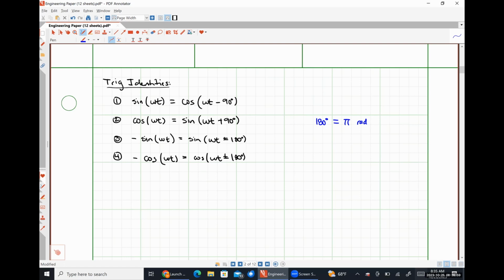All right. So these first four trig identities are fairly straightforward. They're just showing you what the relationship is between the sine function and the cosine function. They're just shifted versions of each other. Negative sine means that we're flipping it over the horizontal axis, which just indicates a positive or negative 180 degree phase shift. And it literally does not matter which you use because it's just half a cycle.